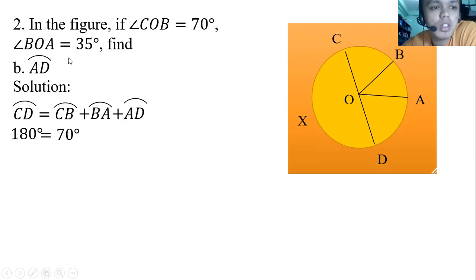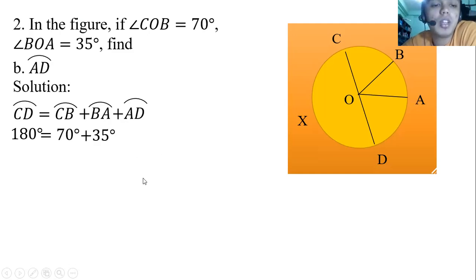Okay, so given dito yung measure of angle BOA, which is the central angle of arc BA. BOA is equal to 35 degrees. Then, the intercepted arc of angle BOA, which is BA, is also equal to 35 degrees. Okay? AD, unknown pa.